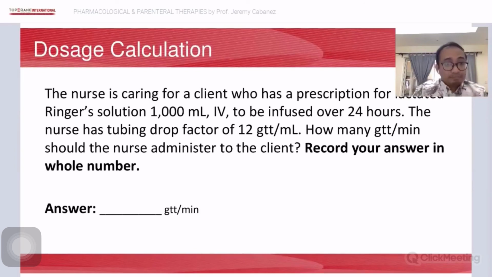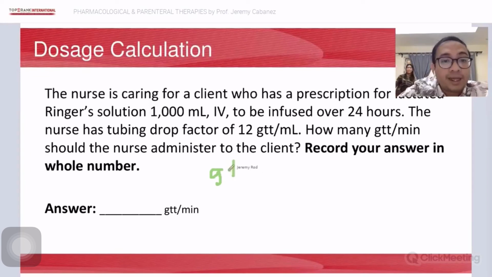Okay, next. The nurse is caring for a client who has a prescription of lactated ringer solution, 1000 ml IV, to be infused over 24 hours. The nurse has a tubing drop factor of 15 drops per ml. How many drops per minute should the nurse administer? So, anong hinihingi sa'yo? Drops per minute. So, paano mo malaman yung drops per minute?